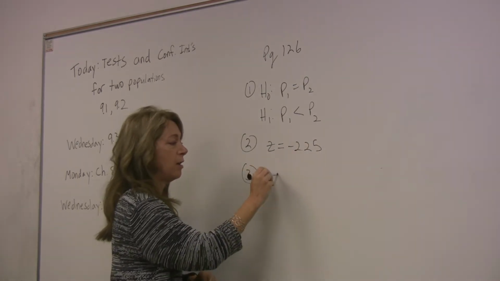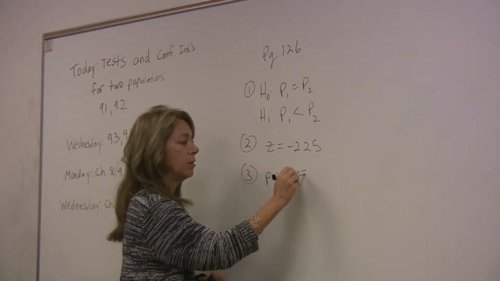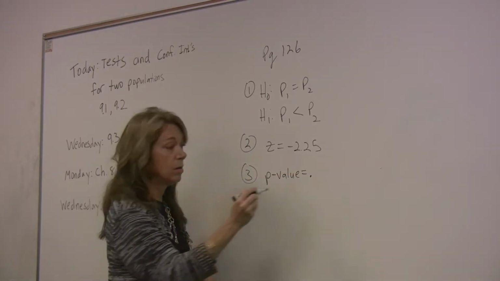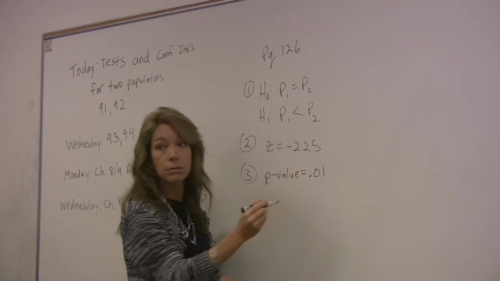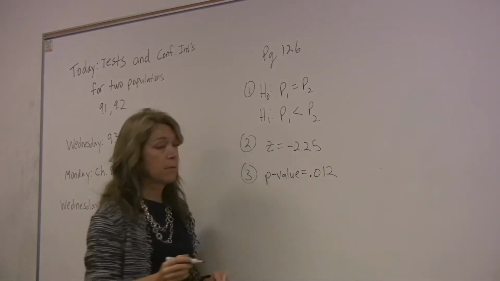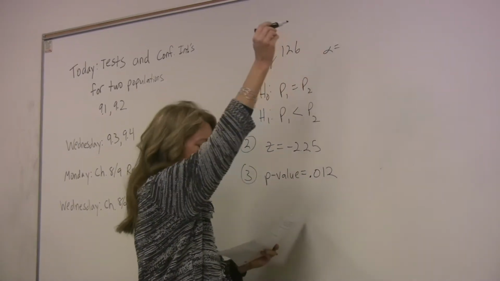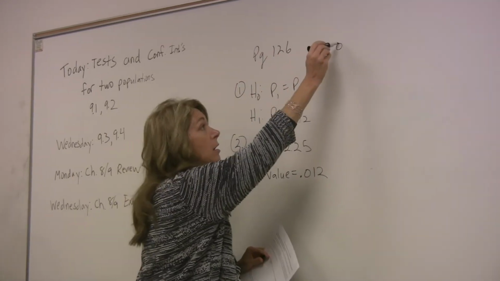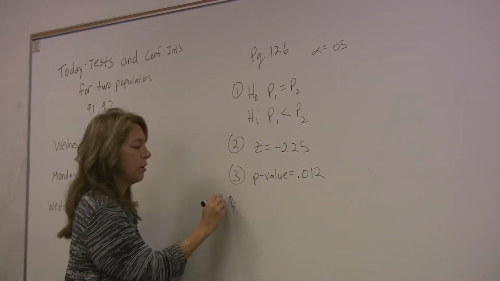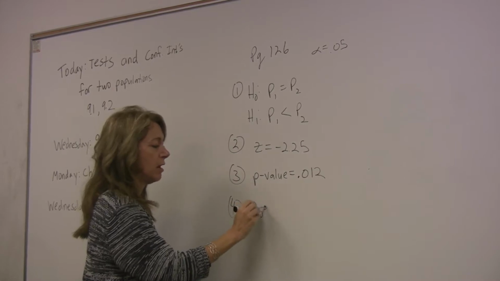And a p-value of 0.01. 0.12. And what was our alpha? Was it 0.05? Yeah. So step 4, then we decided to reject H0.